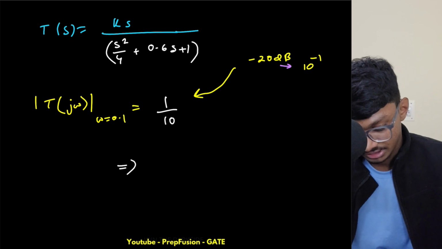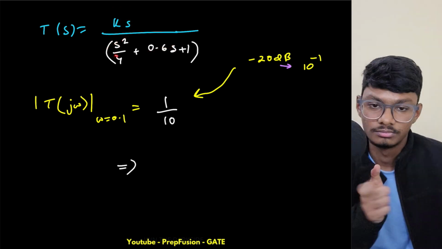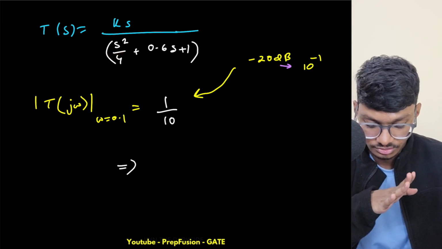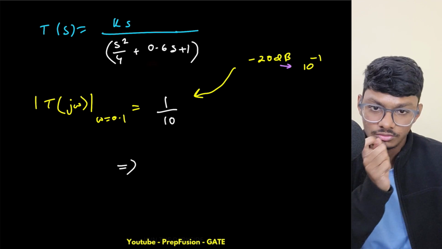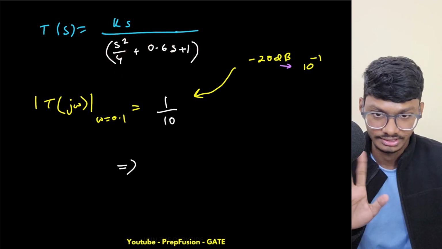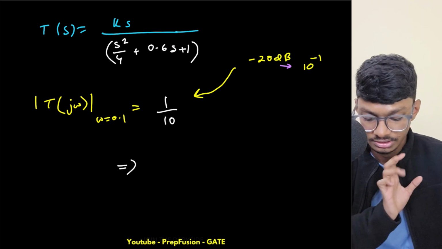So what is this expression? Obviously this s will come here, but the other terms can be ignored because omega is 0.1. We're taking the magnitude, so we're squaring, and those terms get ignored. Put s equals j omega, write the magnitude expression and put 0.1.